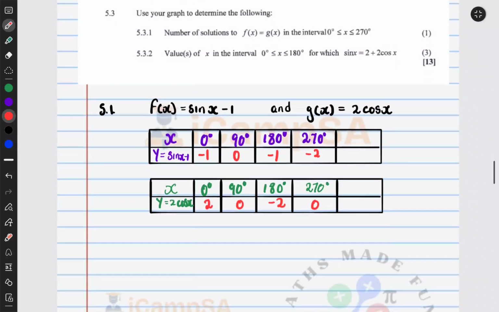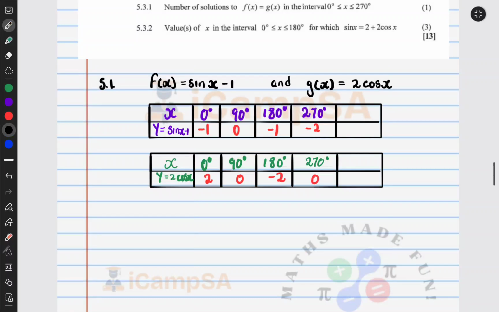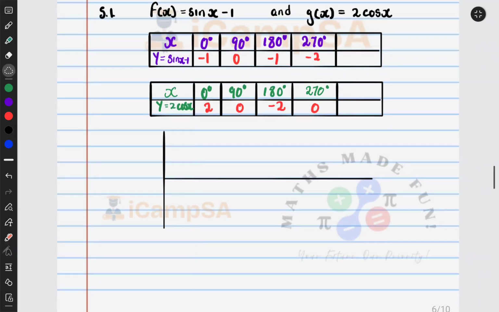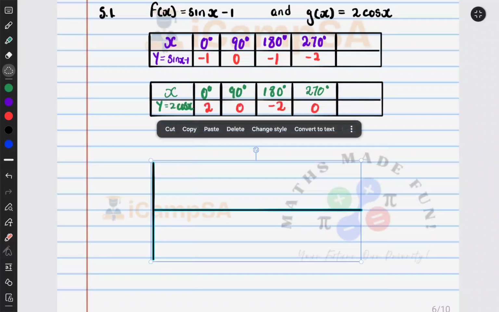Okay, and then let's sketch our functions. Let me shift this one a bit lower.